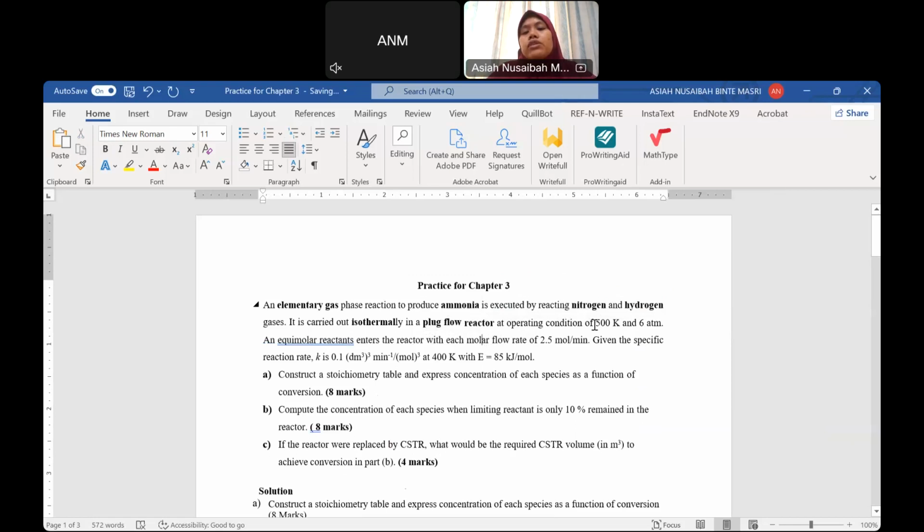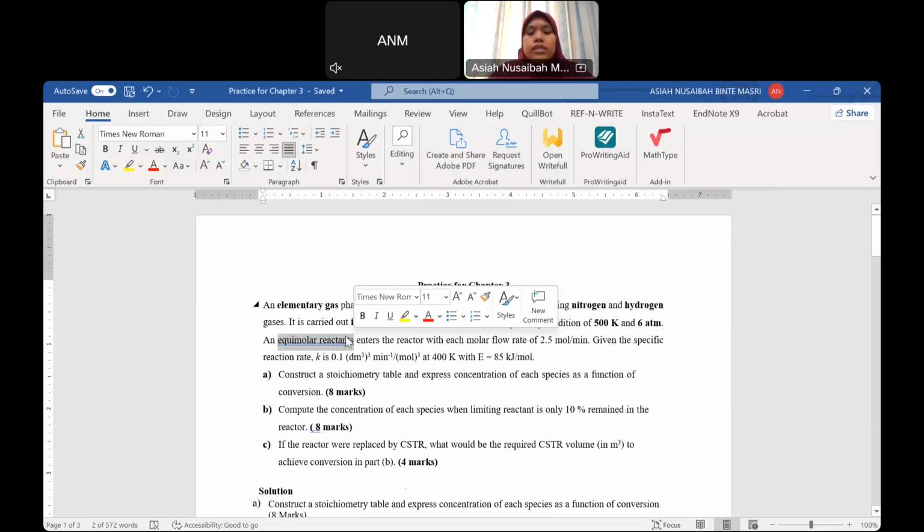At operating condition of 500 Kelvin. Okay, so the temperature of the reactor is 500 Kelvin and 6 atm. The pressure is 6 atm. All right, no information given whether it's isobaric or is there any pressure changes, so we can assume isobaric. And equimolar reactants.